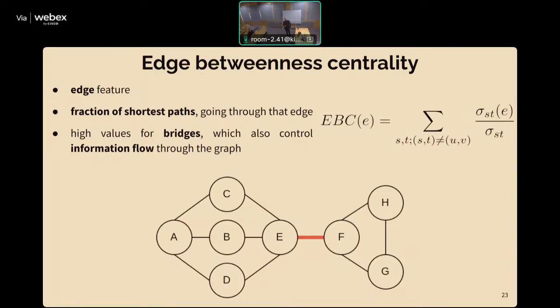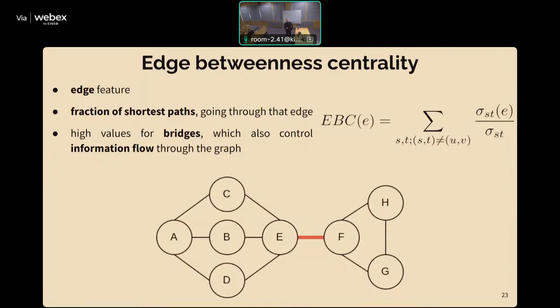So edge betweenness centrality describes an edge, or precisely, it is computed as the fraction of shortest paths that go through a given edge. So we compute this for each edge, and we compute the histogram of this. And edge betweenness centrality will be high if there are bridges in the graph.